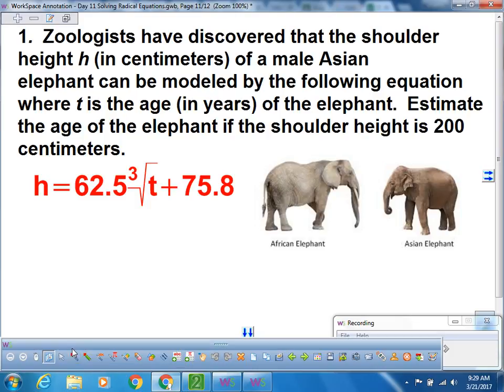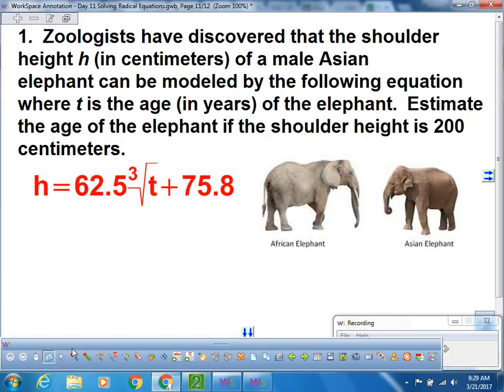Okay, so zoologists have discovered that the shoulder height h in centimeters of a male Asian elephant can be modeled by the following equation, where t is the age in years. So all those words are just telling you, here's an equation. And it's just explaining to you that h is the height. The next thing it's going to tell me is that t is the age.